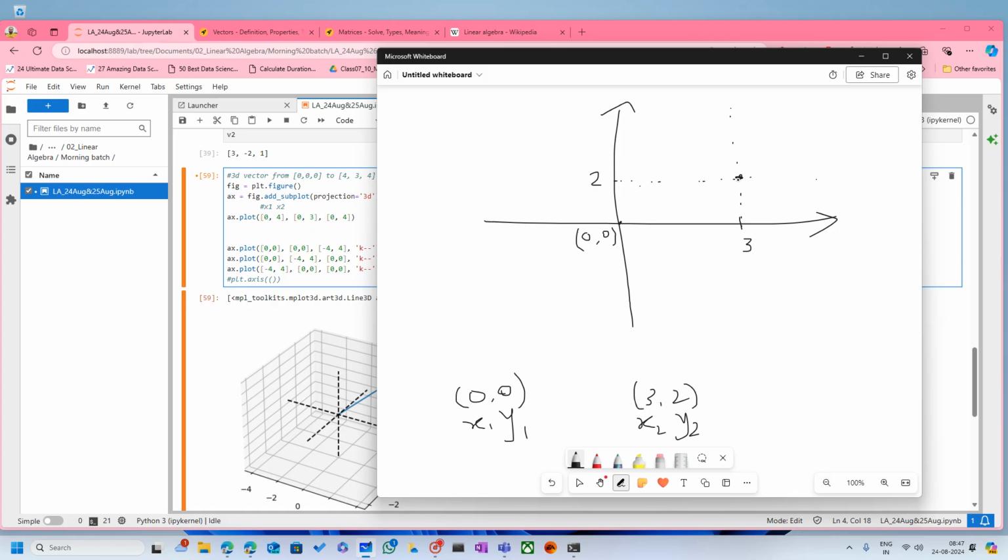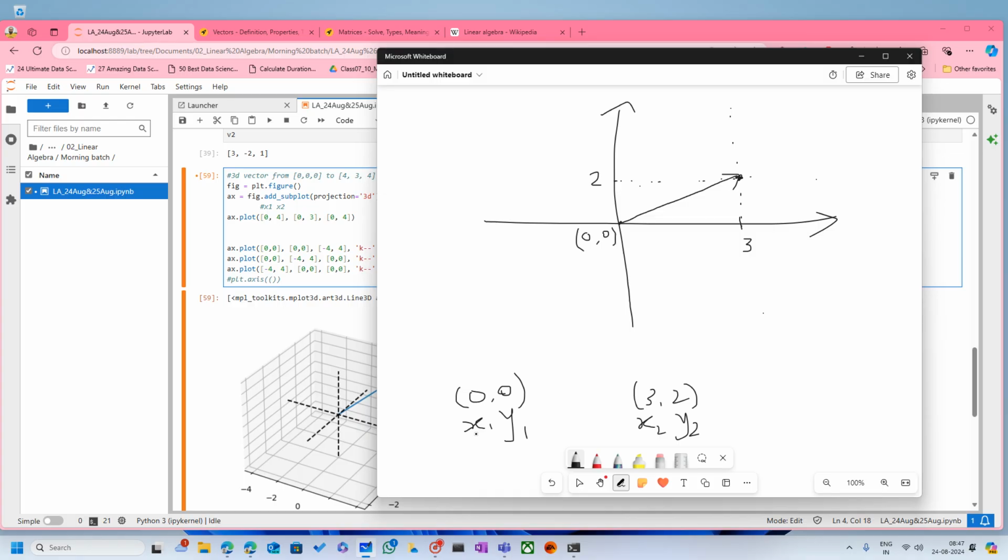It will look at the origin point and draw a line to this point. Our understanding is a little different from the graphing library's understanding.